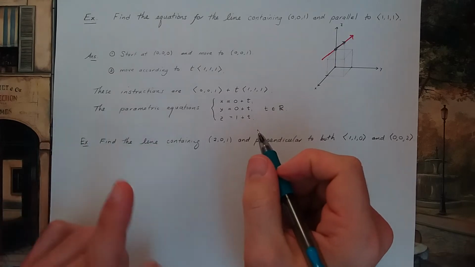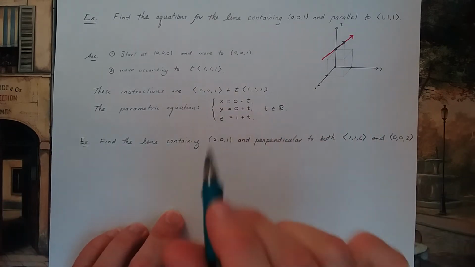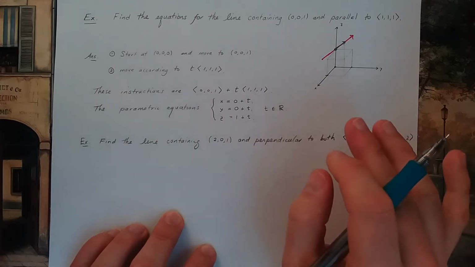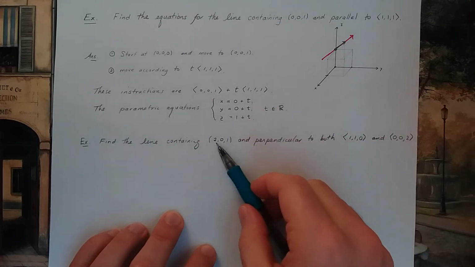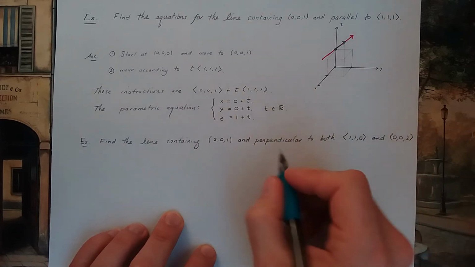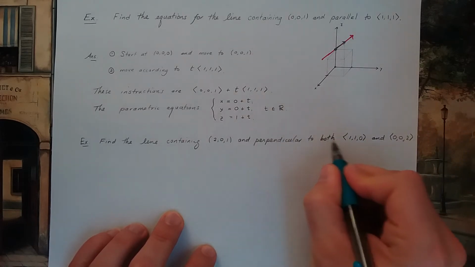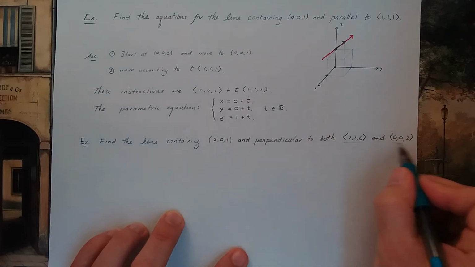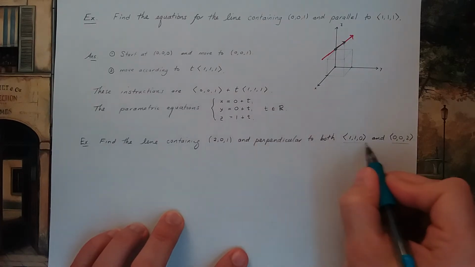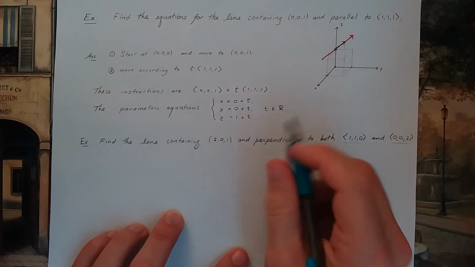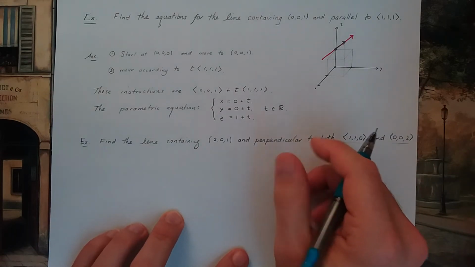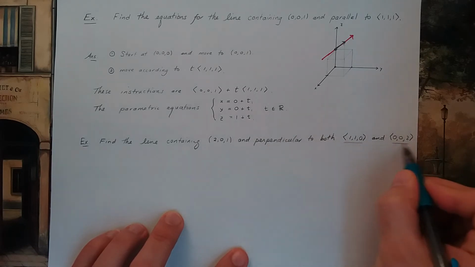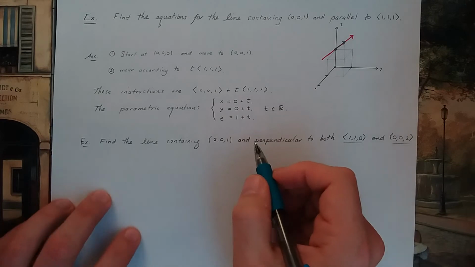Okay, well, to describe a line, you need two things. You need a point on the line, and you need a parallel vector. So I have the point, that's given to me. To find the parallel vector, I need a vector that's perpendicular to both of these vectors, orthogonal to both of these vectors. That's why the cross product was invented. So to find a vector that's orthogonal or perpendicular to two other vectors, you take the cross product.